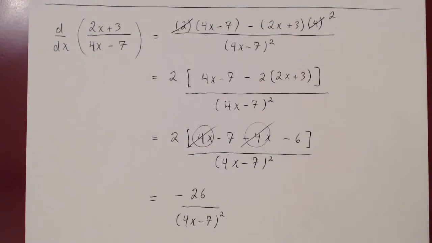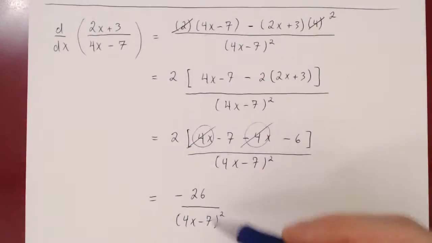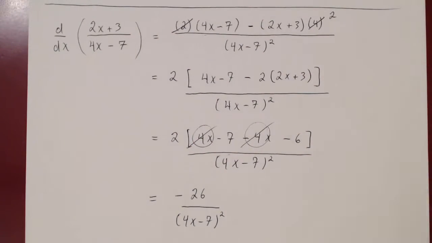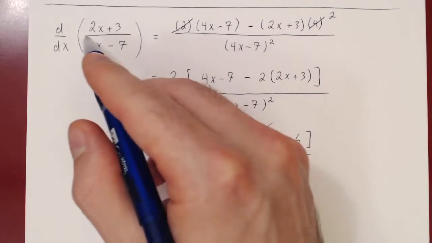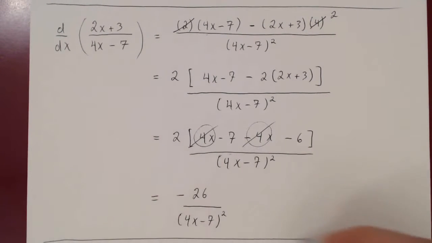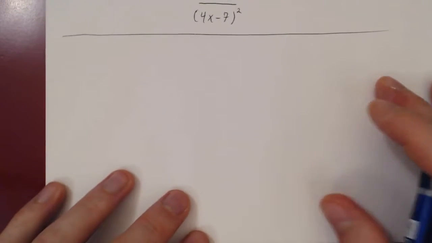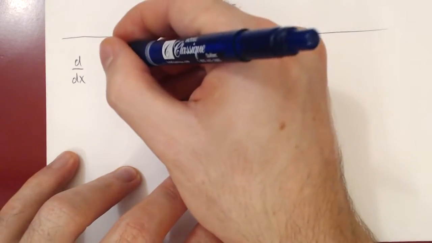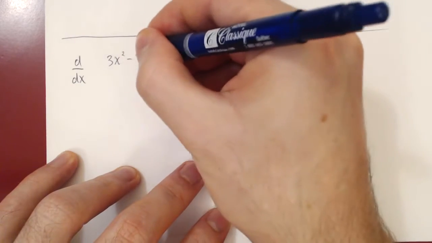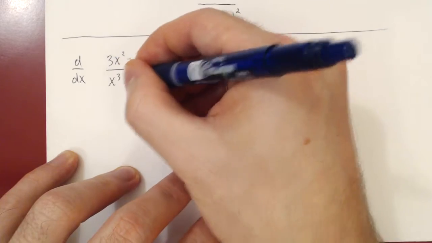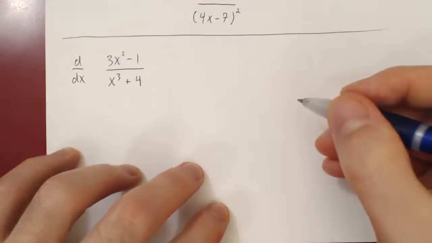And you see it's much faster with the quotient rule finding the derivative of a quotient than it would have been with the limit. Let's do one more example where we have on the top not just lines but additional powers of x. So what if we had the derivative of, let's go with 3x squared minus 1 over x cubed plus 4.